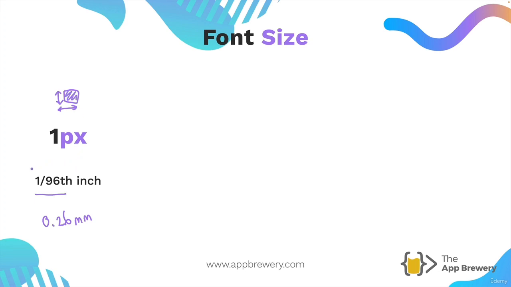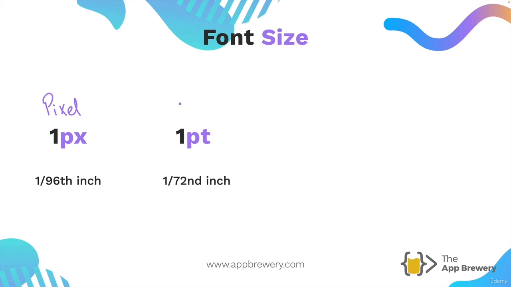There are other ways that we can represent the font size when we're writing CSS. One common way that you'll see, in addition to pixels, is using something called a point. A px stands for a pixel, and a pt stands for a point. Now, how big is a point?